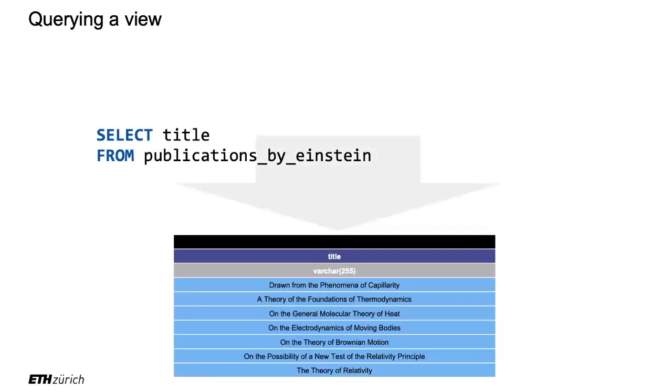But what if the table publications is modified after you materialized that view? Then you will not see the modifications because they happened later, right? So you need to be careful if you materialize your view that it takes a snapshot at a certain moment in time, and then you will not see anything that changes. You would have to refresh the materialization.